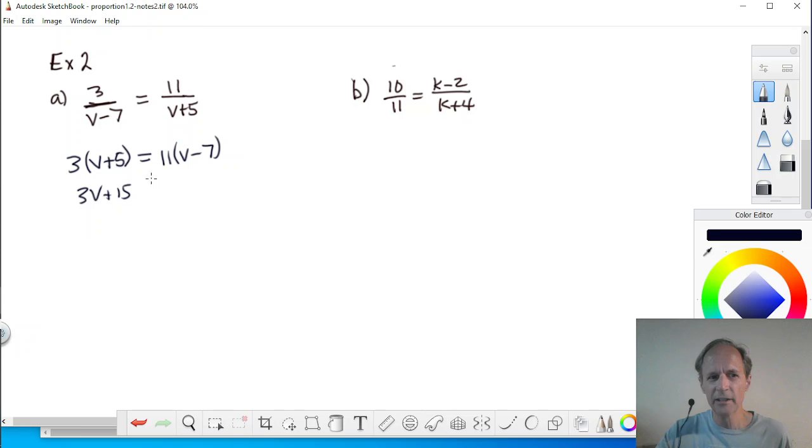You may not be able to tell on your computer, but I got my color picker slightly off when I did that. And so now it's dark blue instead of black. That's okay. 11v minus 7. Oh, didn't do that right. I didn't multiply it by the whole thing. 11v minus 77.